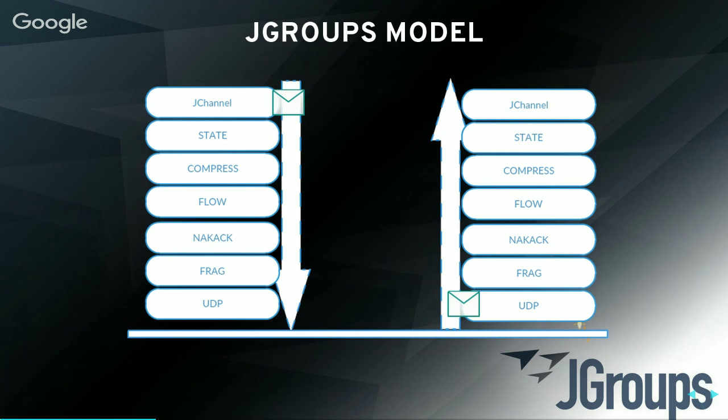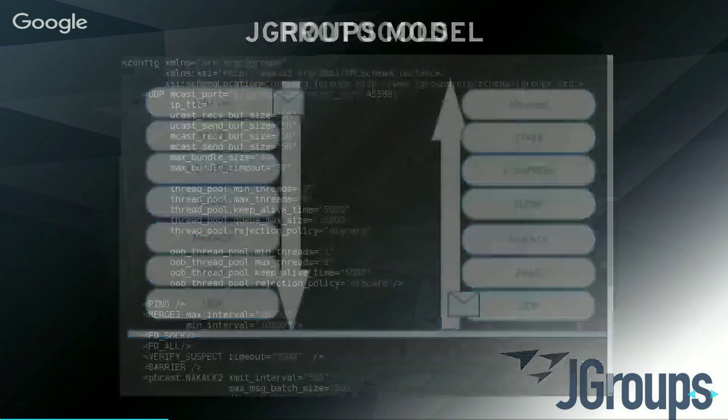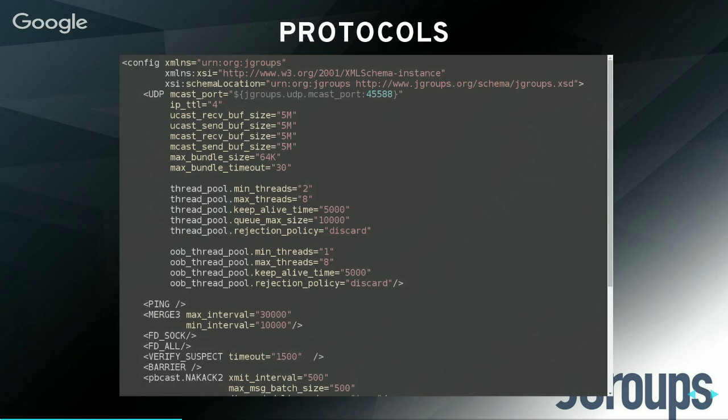As I said, those protocols are the biggest power of JGroups. Unfortunately, we have to take a look at them and do the boring part before digging into the code.